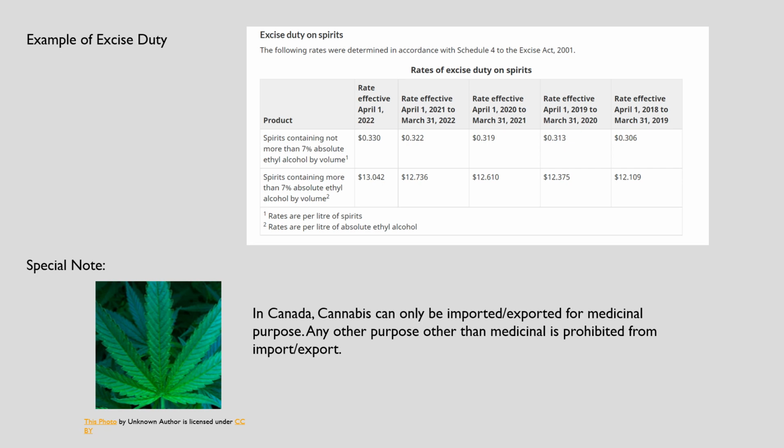Examples of excise duties will be spirits. The rates are per liter of absolute ethyl alcohol, depending on the composition of the spirit. So you see here that the amount is applied by liter of spirit, so it's 0.33.